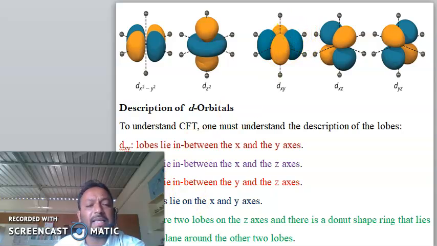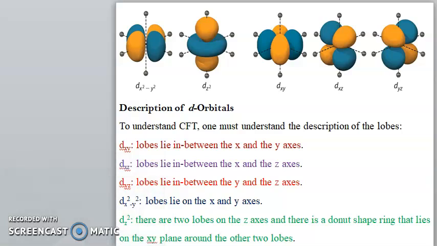Then the dxz lobes lie between the x and z axis. Both the lobes lie in between the x axis and z axis. Then the dyz lobes lie in between the y and z axis. These two lie between the y axis and z axis.